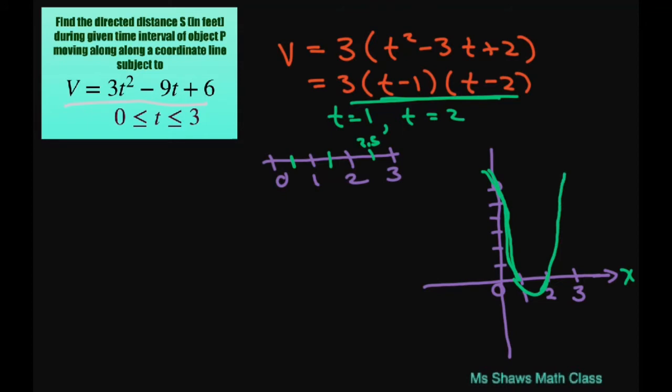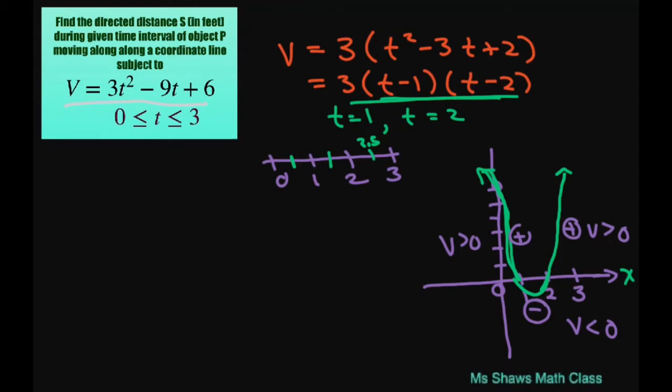Something like this. Since that's what we have, our V is positive here, our V is negative here, and from 2 to 3, our V is positive again.